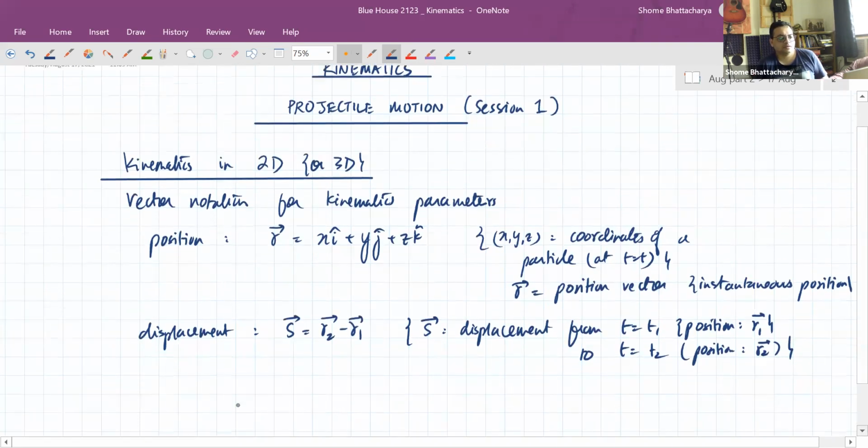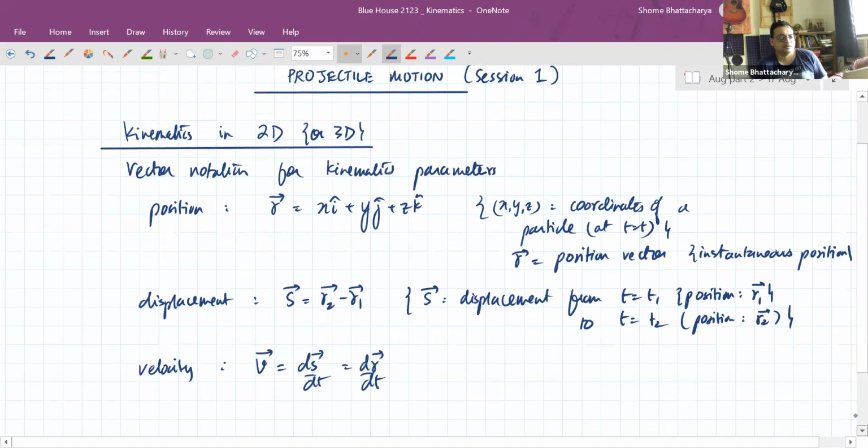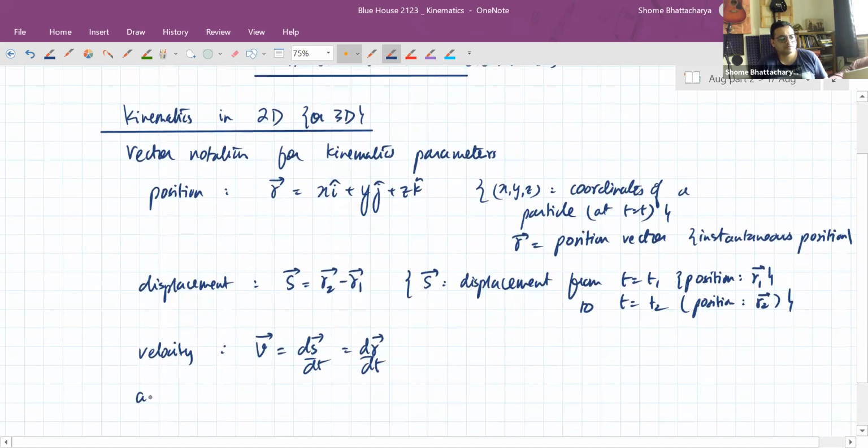And accordingly, the velocity vector becomes rate of change of displacement with respect to time, which is the same thing as rate of change of position with respect to time. And finally, the last parameter, the acceleration vector, becomes rate of change of velocity with respect to time.